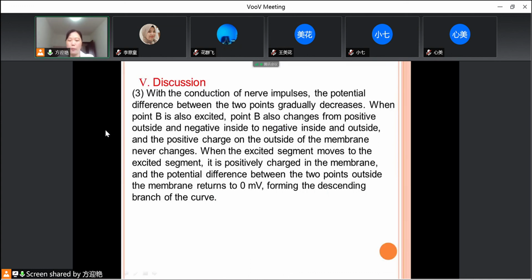This experiment, I hope you master, and after class I hope you write the experiment report. The experiment report includes the topic, the purpose, the method, the result, the discussion and the conclusion. These are the five aspects of one experiment report.